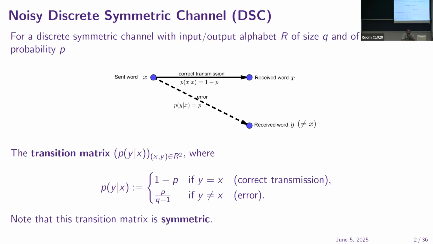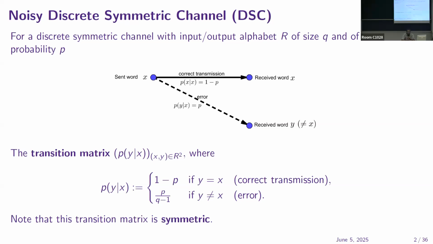Information theory talks about how to send a message via a noisy channel. We have a noisy discrete symmetric channel with input and output alphabet R of size Q and of error probability P.